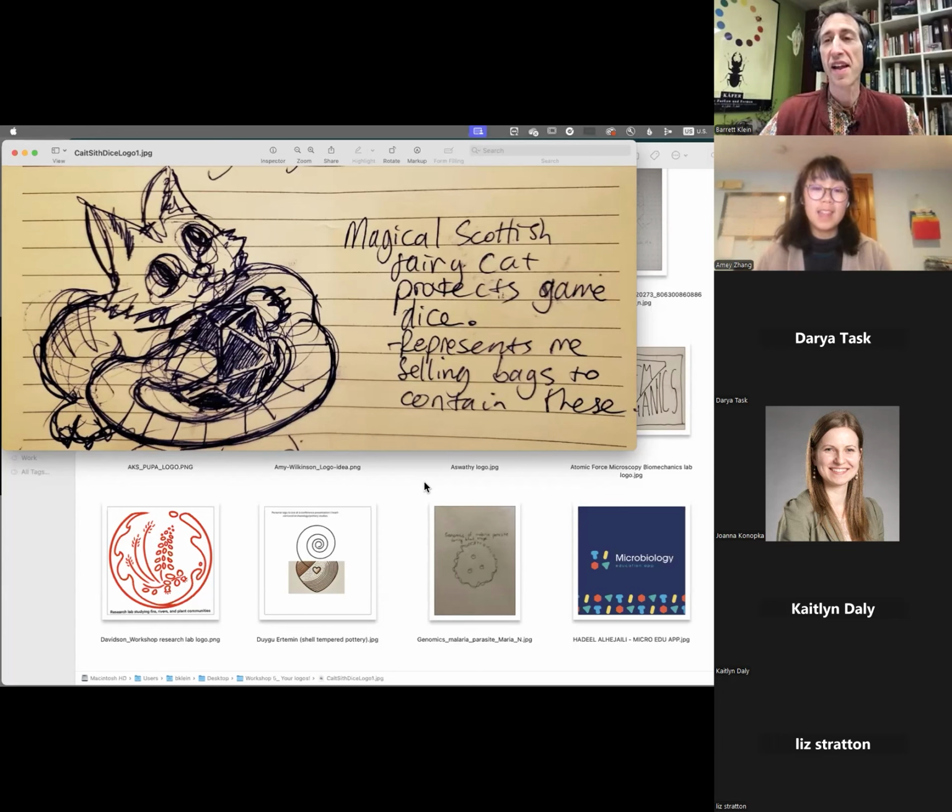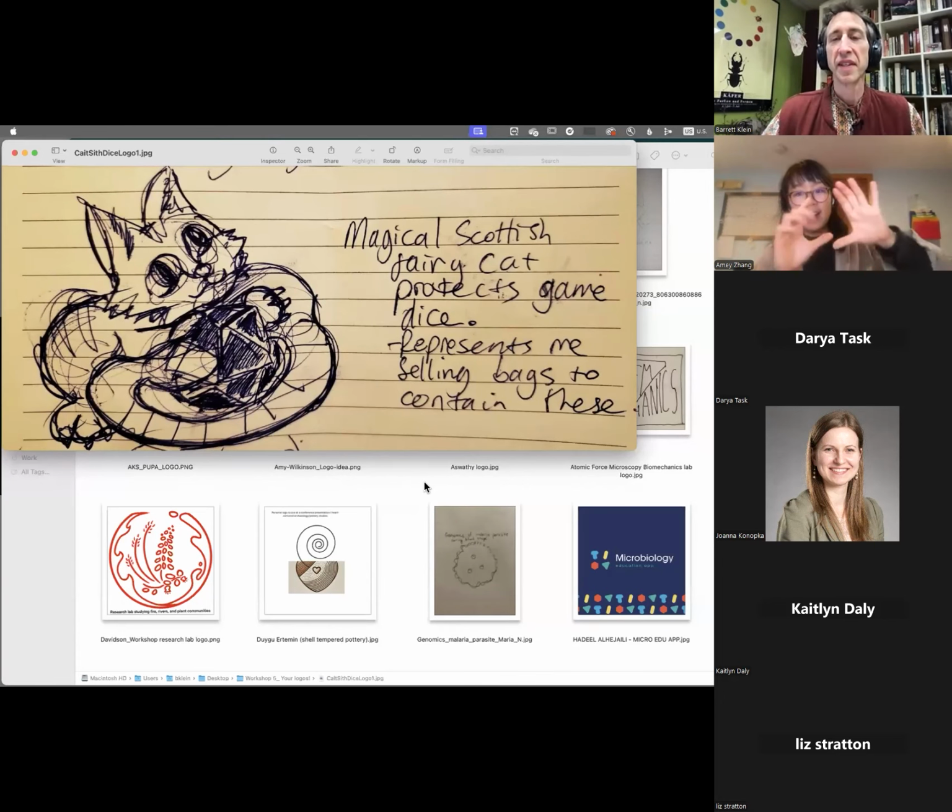And I think you could easily communicate this in a very simple way. Like the cat could be a silhouette with eyes. Its pose could be, perhaps you could start to think about the overall shape that that cat makes, especially if it's selling bags that contain dice. I could almost imagine that slight bag silhouette, because cats often do make that shape with their bodies, and then perhaps just a few features that show that it's wrapped around the dice.